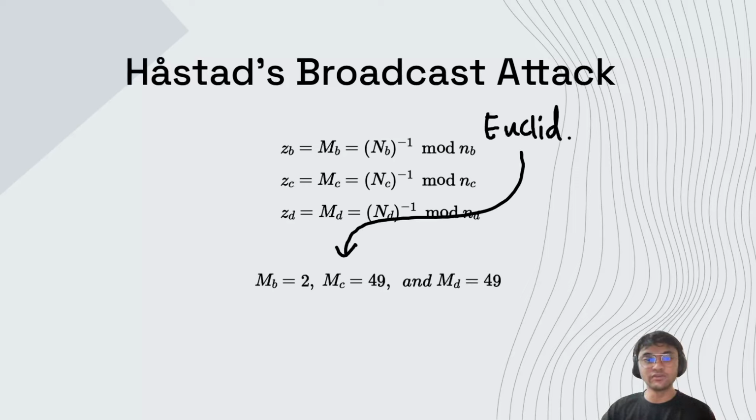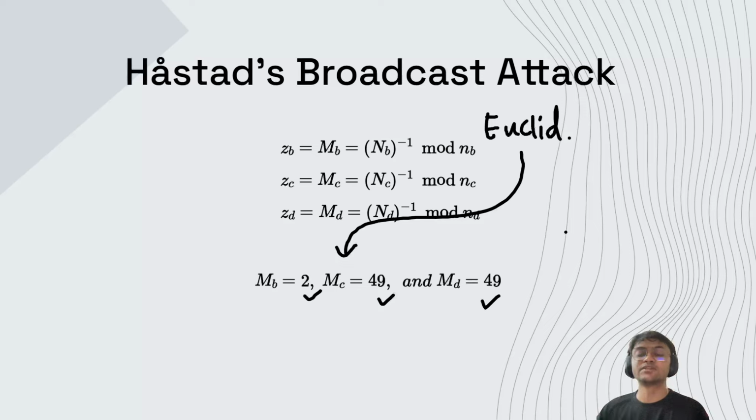And once we have it, we have those values as 2, 49, and 49 by coincidence. M sub C and M sub D are 49 by coincidence, the same values.